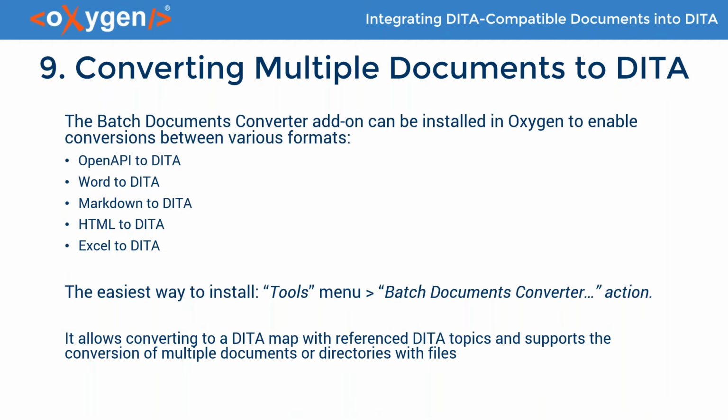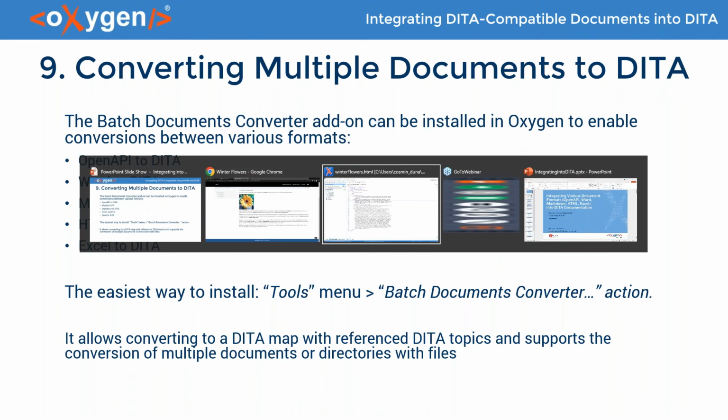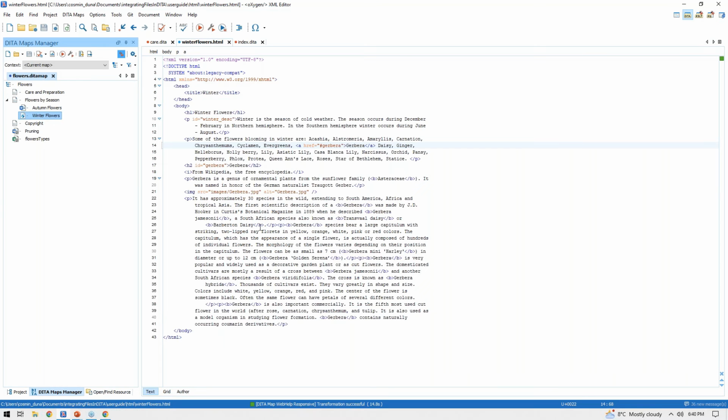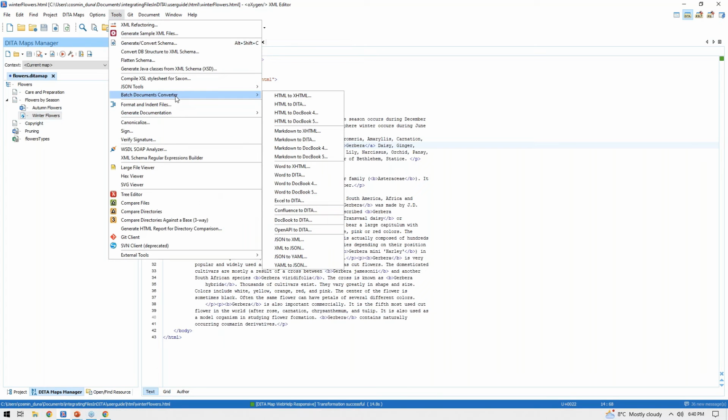Let's have a quick live demonstration and show you how this add-on can be used. I already have the add-on installed in my application, but when this is not installed, the install action can be found here instead of this batch documents converter submenu.